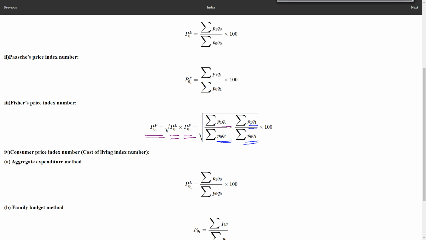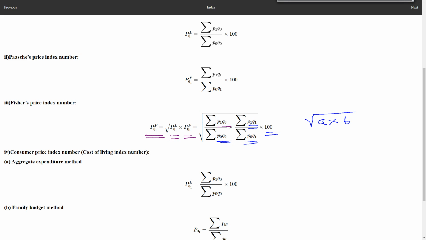The whole expression in the square root is multiplied by 100. There is no need to remember this formula once you remember the Laspeyres and purchase price index numbers. Remember how we calculate the geometric mean of two numbers? It is simply the square root of their product. So the geometric mean of A and B is nothing but the square root of A into B.